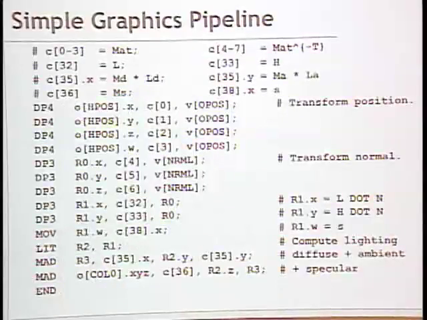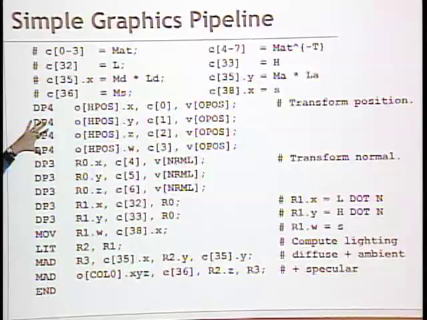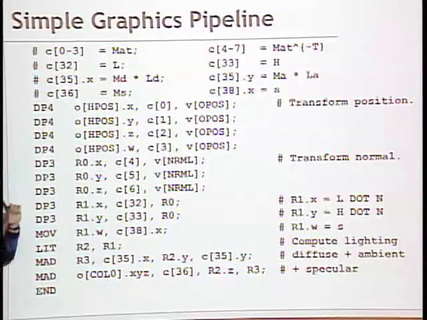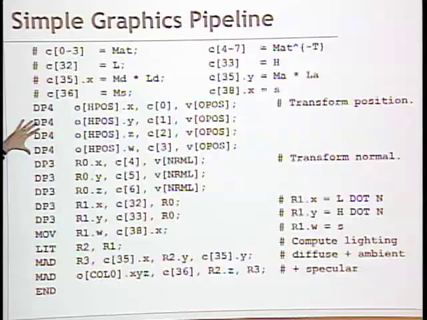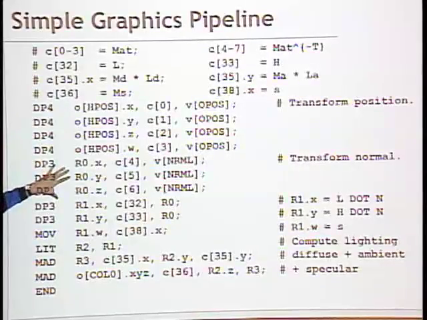If we wanted to do the graphics pipeline, just the fixed function graphics pipeline, this is what it looks like. So what are we actually doing here? 4 instructions for transforming position. This is a dot product, right? If we're doing a 4x4 matrix multiply times a 4x1 vector, it's going to take 4 dot products. We need to transform the normal, which is 3x3, so 3 dot products.